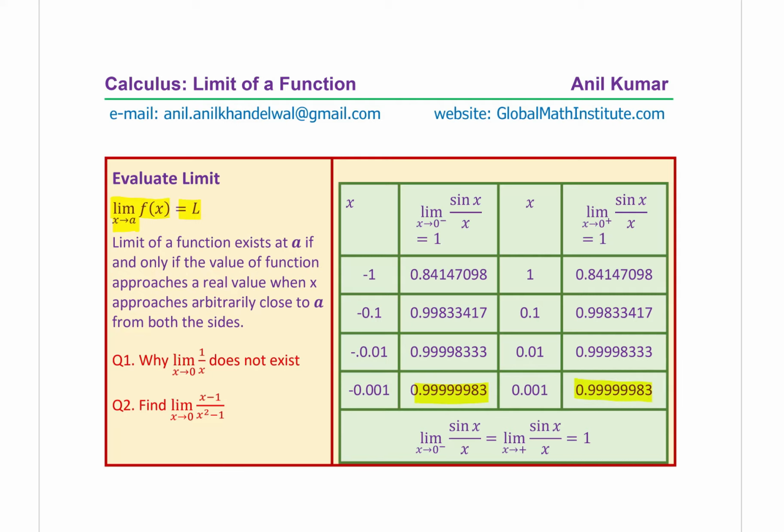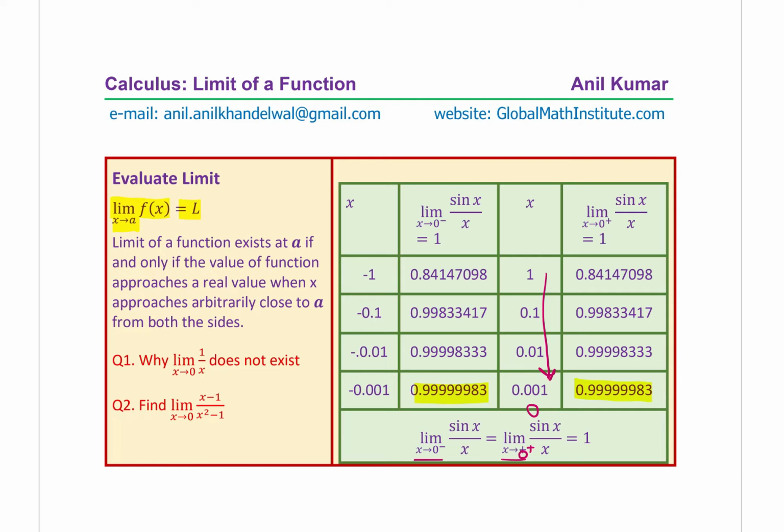Approaching from the right means really that you start away from 0 and come closer and closer to 0. So we started with 1 and then we came closer and closer to 0. 0.001 is very close to 0. That's what we mean when we say approaching 0 from the positive and the negative side, left or right.